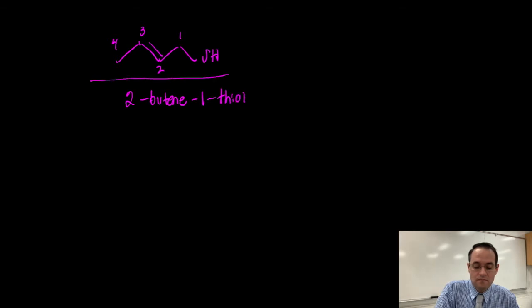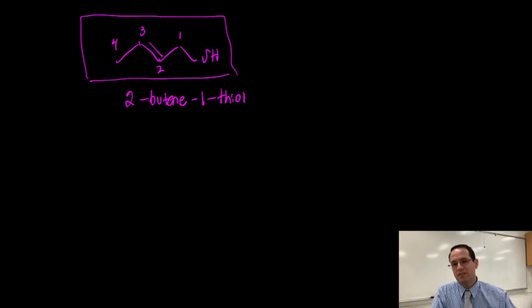So instead of butane thiol, as I mentioned before, this is butene thiol. And as we know, if a skunk sprays your dog or you hit a skunk while you're driving, it can be a tremendous stench that lingers for quite a long time.